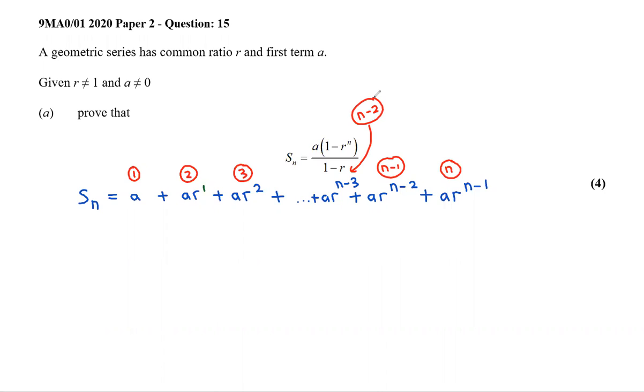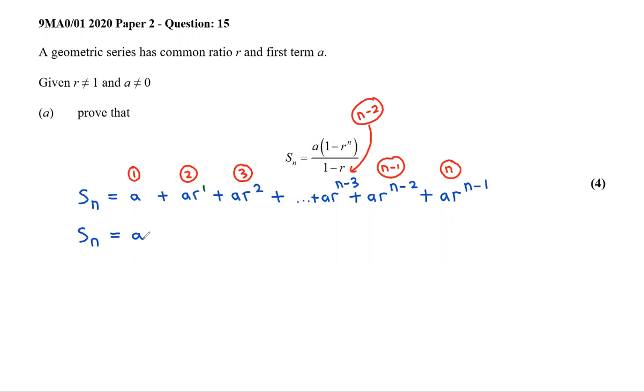So there's n terms there. Now, the trick here is not to write it backwards as we do with the arithmetic series. What we do is we write the whole thing out again.